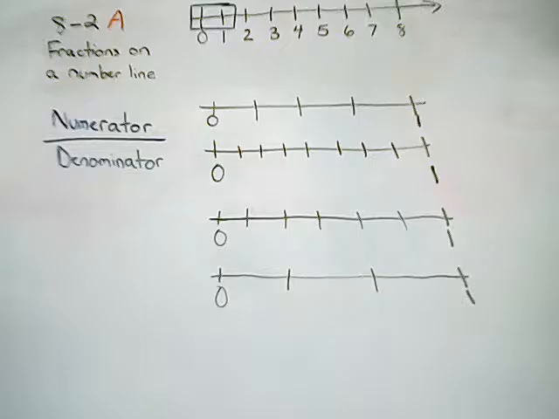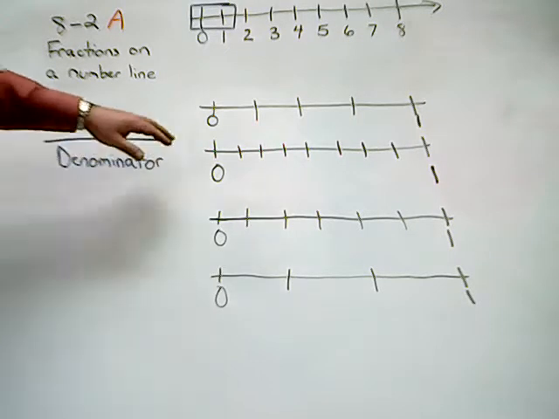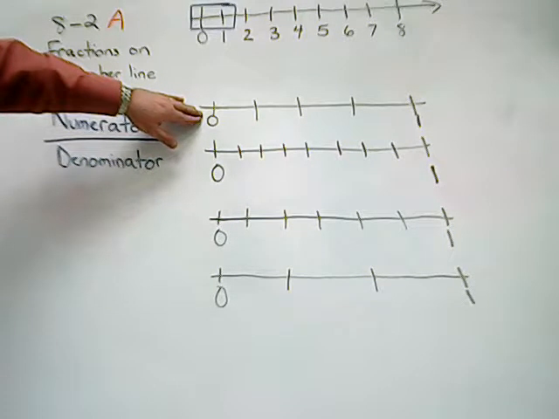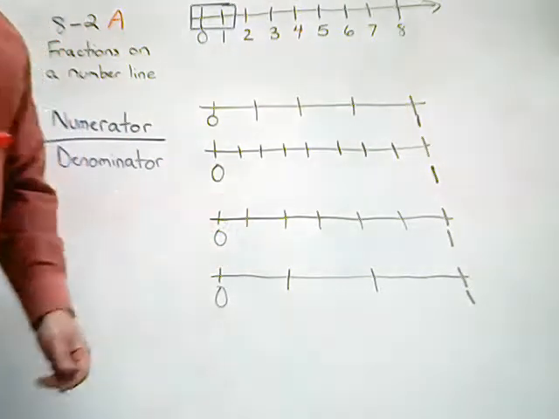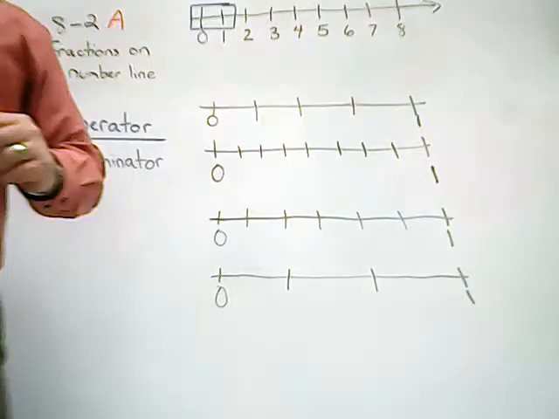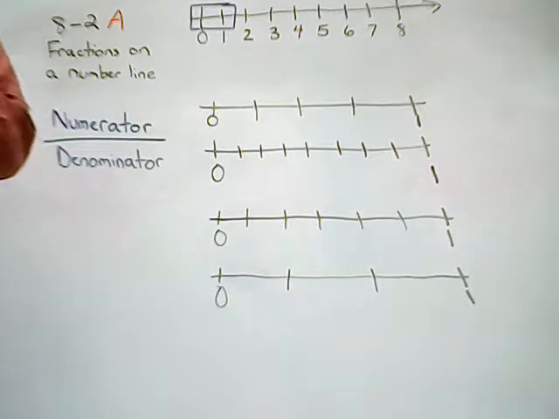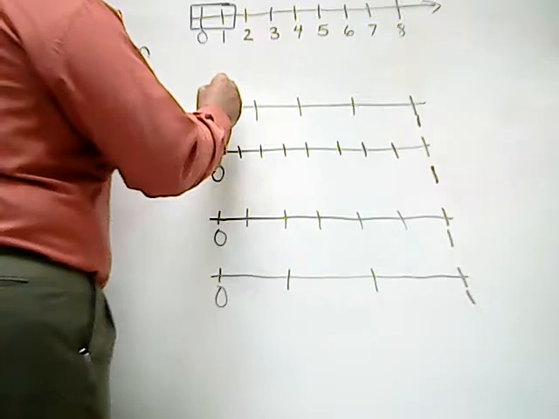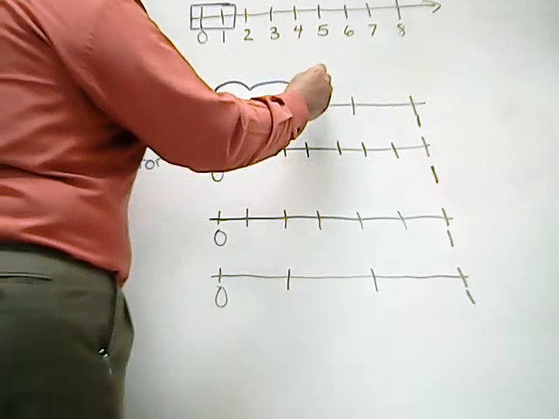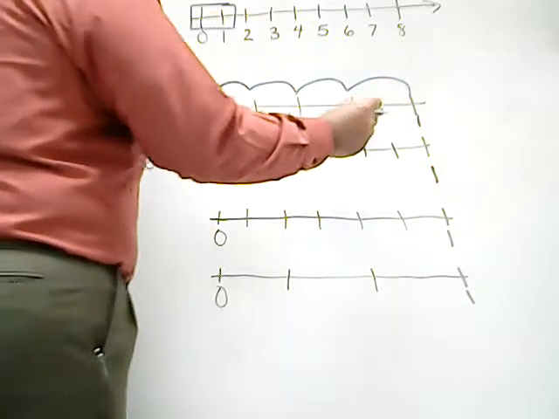Let's get started. My top number line, I have 0 here, and I have 1 down at the end. Now keep in mind, 2 and 3 and 4 and so on will be further down the way. I have my number line broken into 1, 2, 3, 4 equal parts.